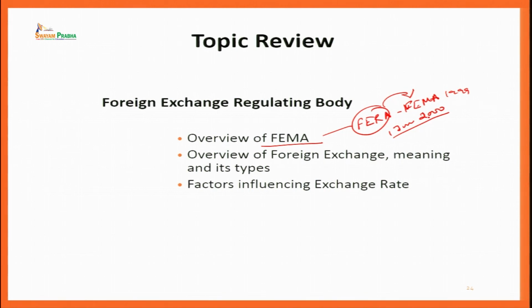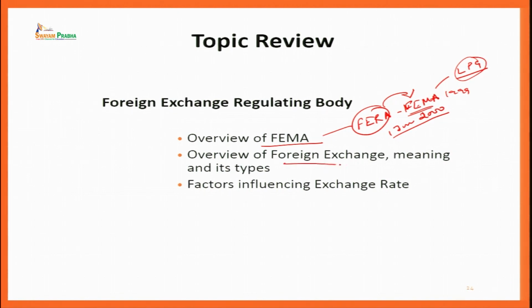I even let you know that FEMA had certain practices which were facilitating the economic reform which took place in 1991, and the FERA act was considered to be the most stringent act, because of which there was a need to bring some modification and liberalization, even this Foreign Exchange Management Act or Regulation Act, to facilitate liberalization, privatization and globalization in your country.